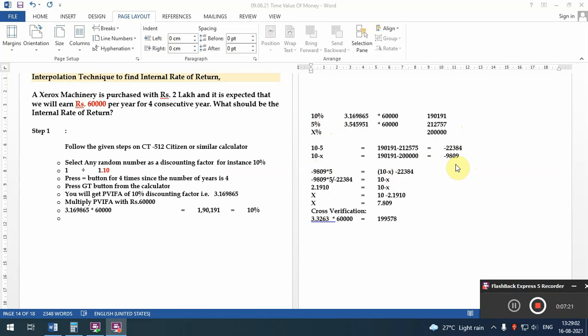What I would do now is ignore these two calculations over here, this part. I will try to carry out a cross multiplication.